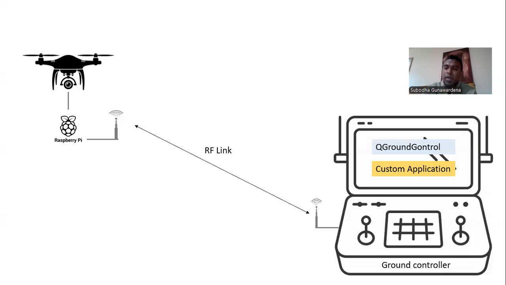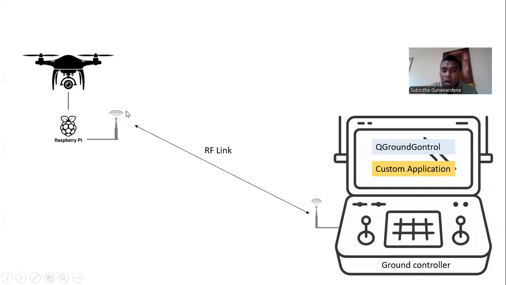Even in my previous video, I have explained that when the QGroundControl application is running, it will be directly bound to this antenna through the USB connection, right? So this application directly binds to this telemetry radio antenna.